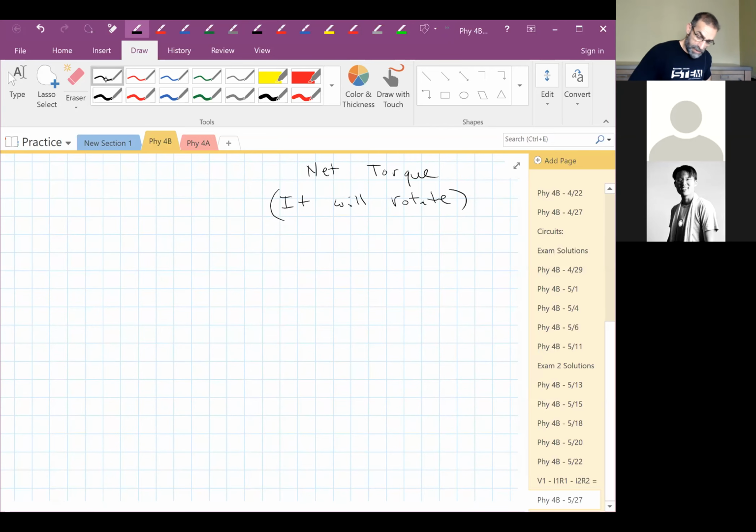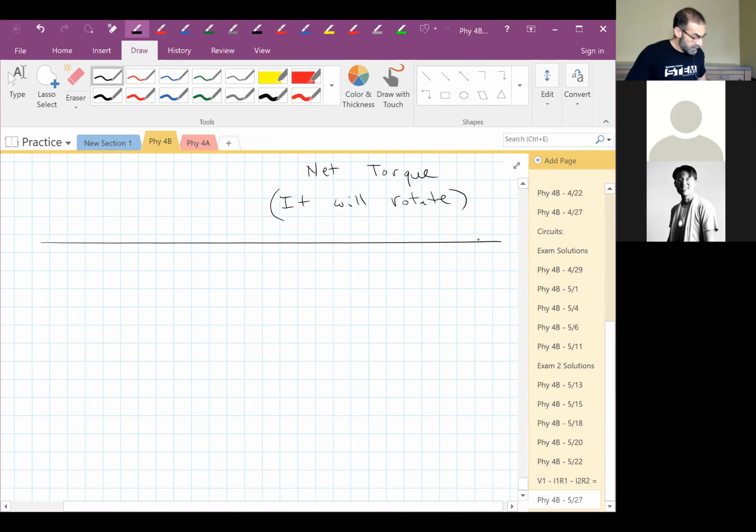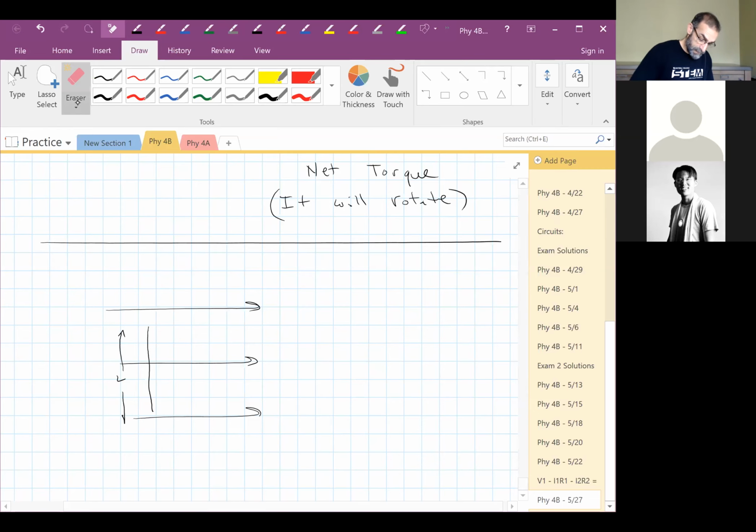All right, let's figure out what the torque is. We'll go through this with a little more detail. So we've got our magnetic field. We've got our loop of wire, and I'm going to call this distance the length.